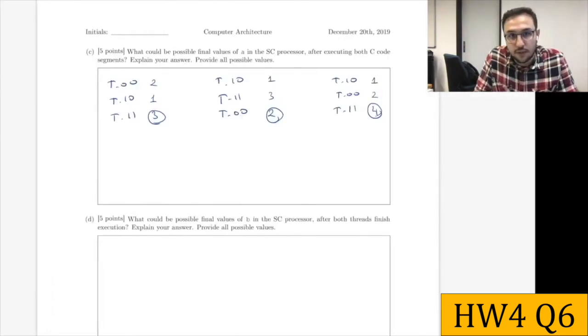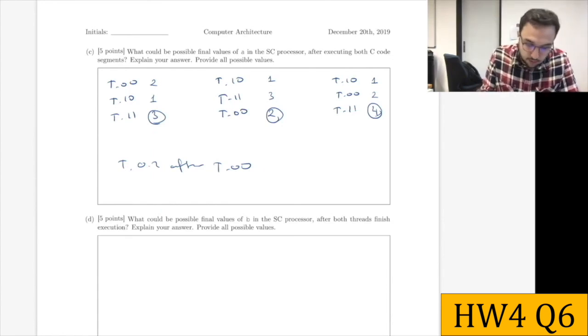Here T0.2 has to come after T00. Therefore, T0.2 can get into here, here, here, here, here, and here.